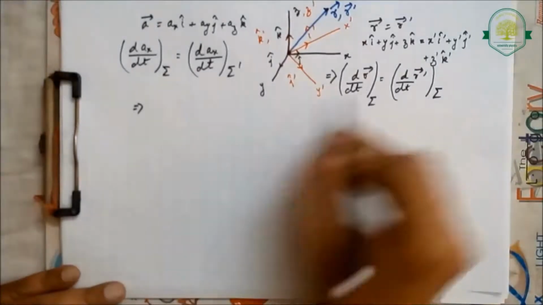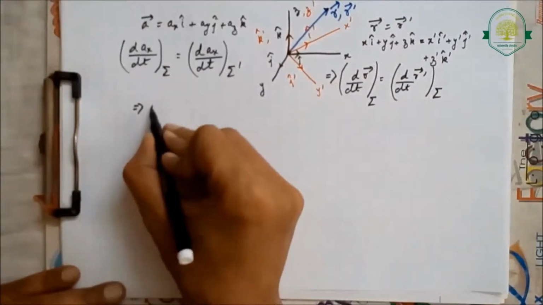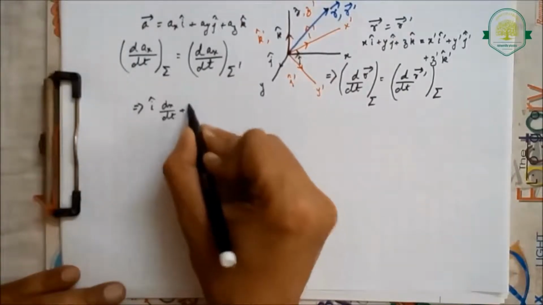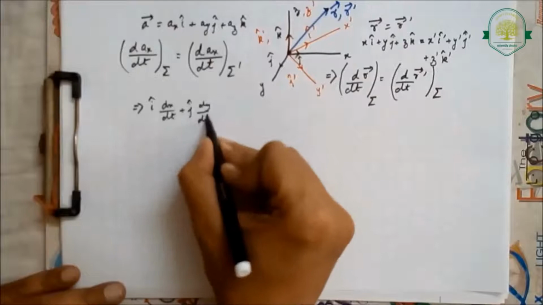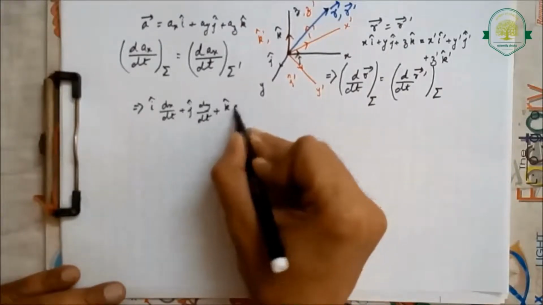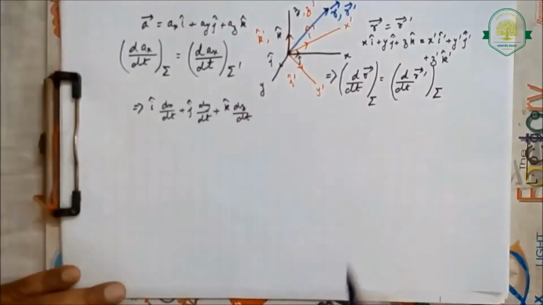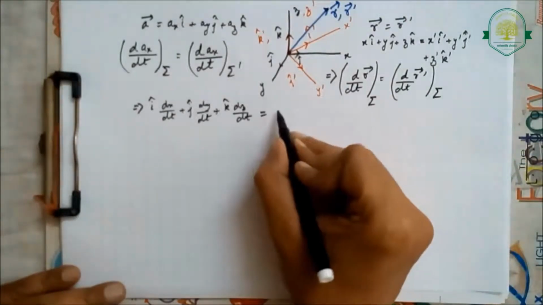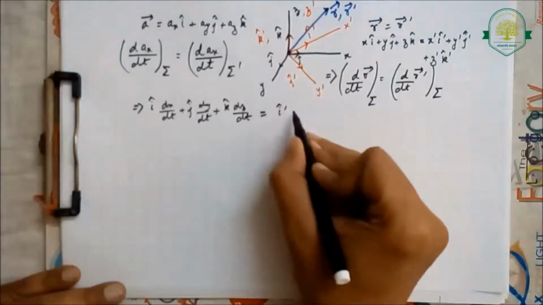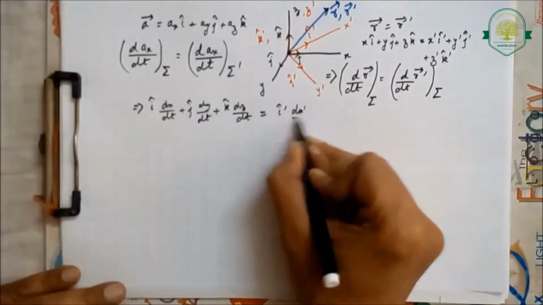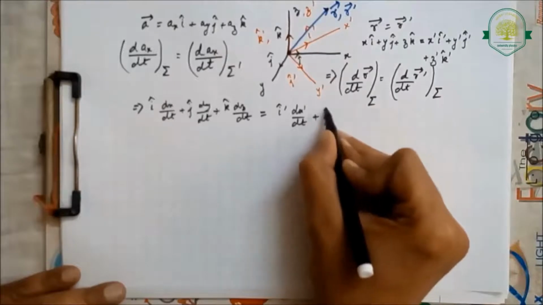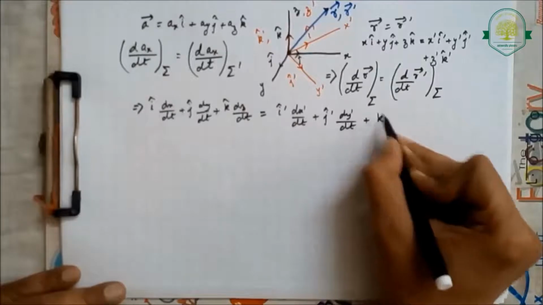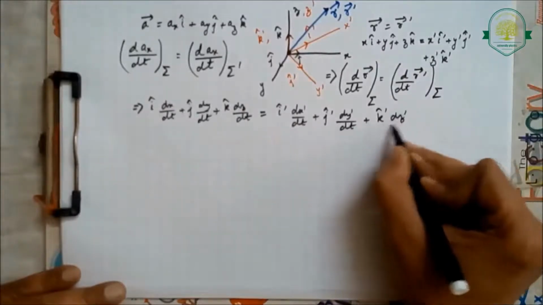Differentiating the left hand side, I simply get i cap dx over dt plus j cap dy over dt plus k cap dz over dt. Differentiating the right hand side, we will get i primed cap dx primed over dt plus j primed cap dy primed over dt plus k primed cap dz primed over dt.